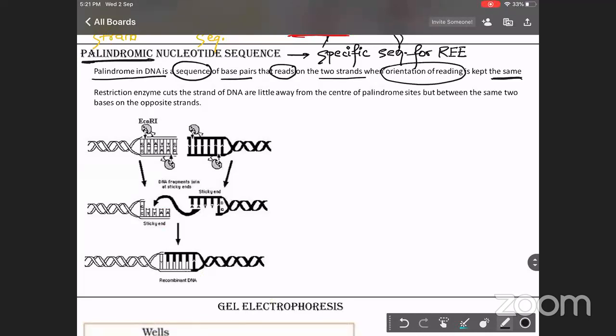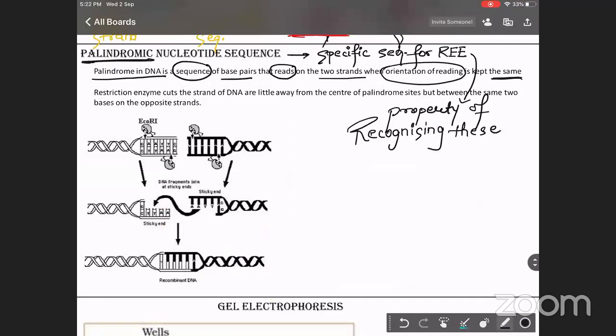As we have already seen, when the orientation is kept the same, 3 to 5, 3 to 5, 5 to 3, 5 to 3, it will be the same on both sides. All restriction endonuclease enzymes have the property of recognizing these palindromic sequences.